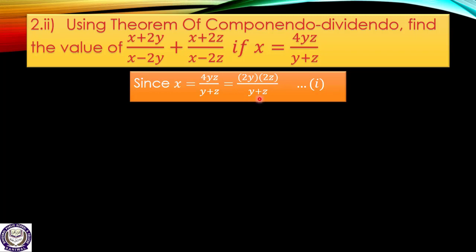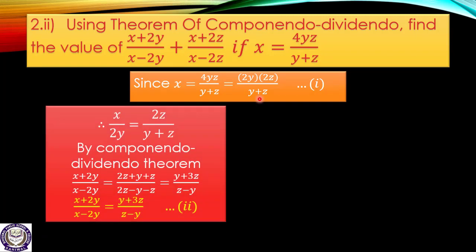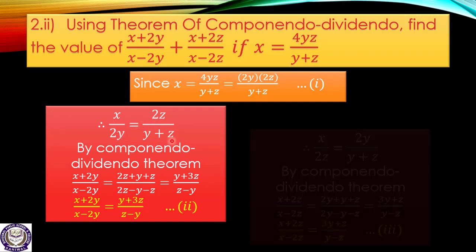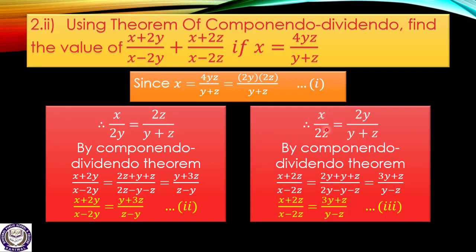This equation 1 can be converted into two cases. The first one is when x divided by 2y is equal to 2z over y + z, and the second is when x over 2z is equal to 2y over y + z.